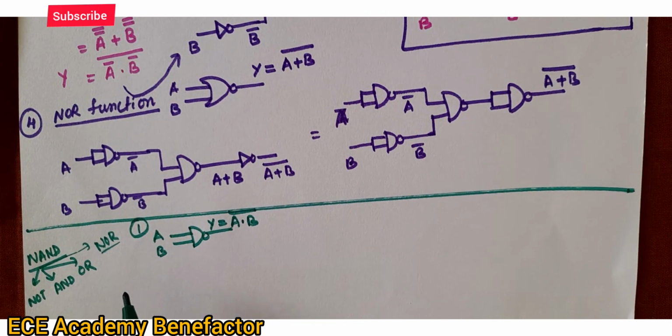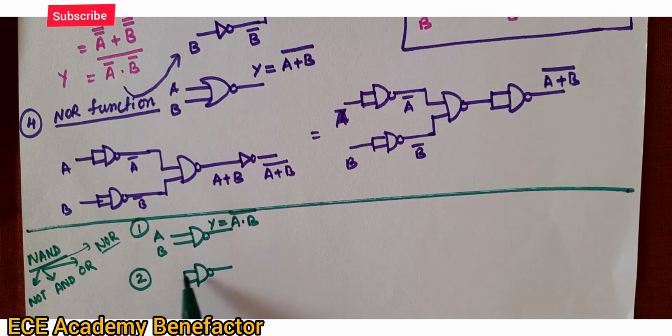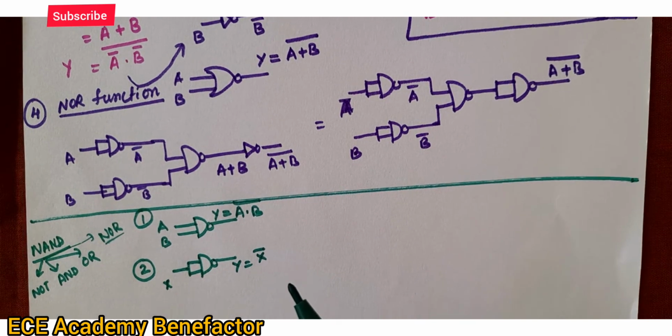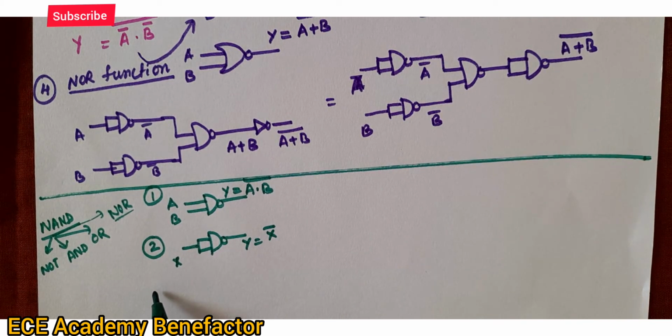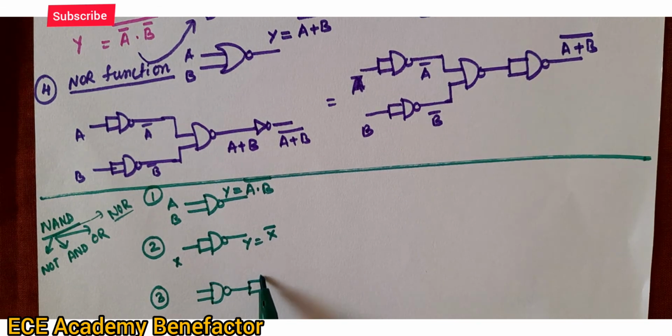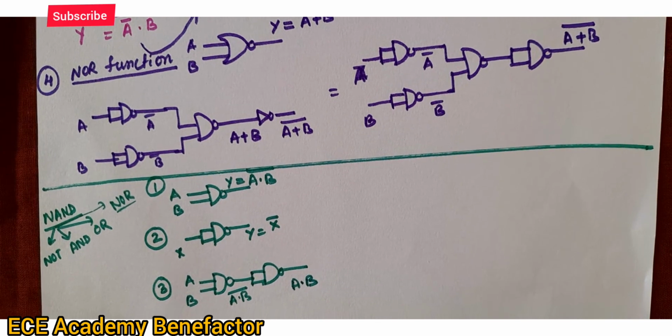Now we want to get a NOT gate, so combine both the terminals of the NAND gate. We will get X bar. This is NOT gate. Coming to AND gate. For designing AND gate, to a NAND gate, if we place a NOT gate, we will get A, B. Here we are getting A dot B the whole bar. If we want to remove this complement or bar, we have to give it to a NOT gate, so it becomes A dot B. So this is an AND gate.